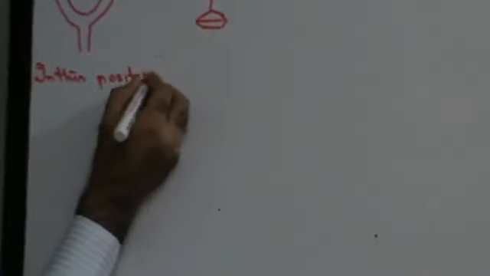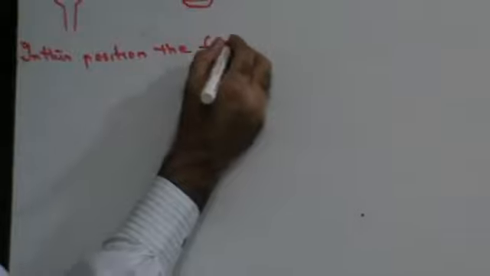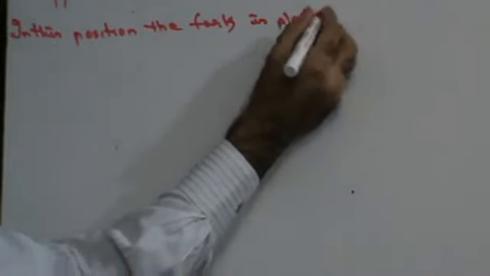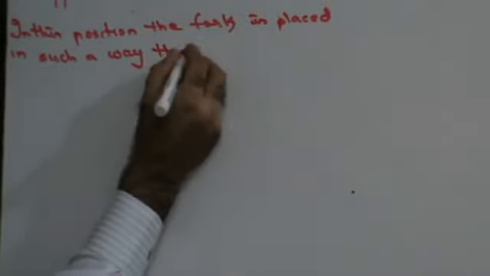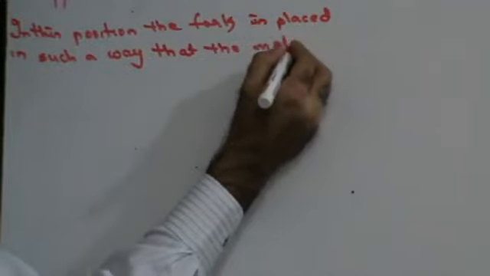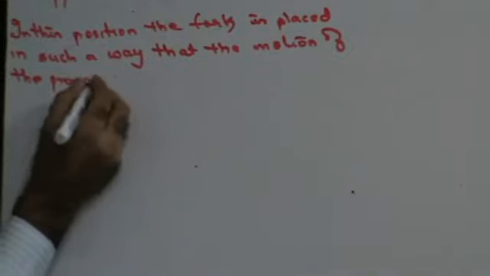So I can say in this position, the fork is placed in such a way that the motion of the prongs is parallel to the length of the string.